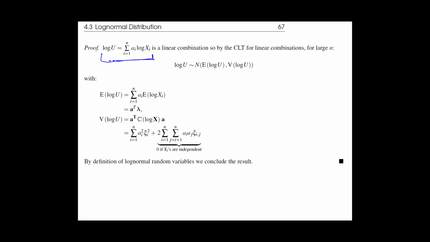And then the consequence is immediate, because here you have the case where the log of a random variable is normally distributed, and that is the very definition of log normal random variables. So that means that u is going to tend to the log normal random variable. All right? So quite an easy proof for this one.